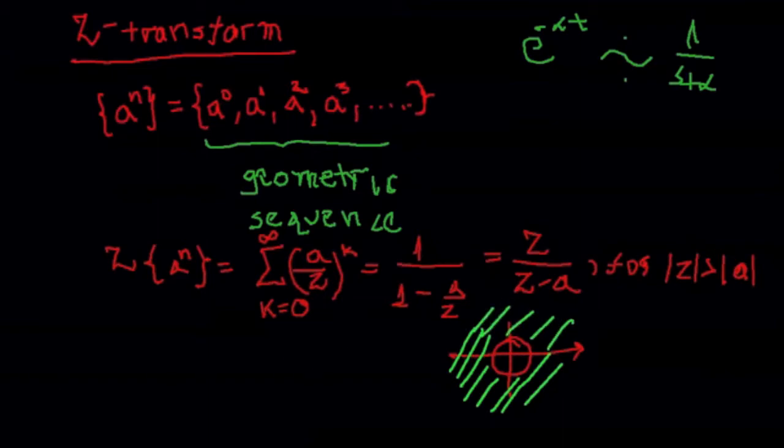And this area here, the radius of a, will be the region where the system diverges. That this expression, when k goes from 0 to infinity, this sum will essentially diverge.